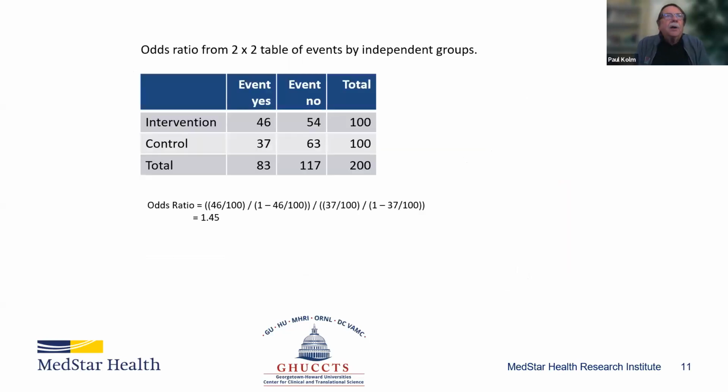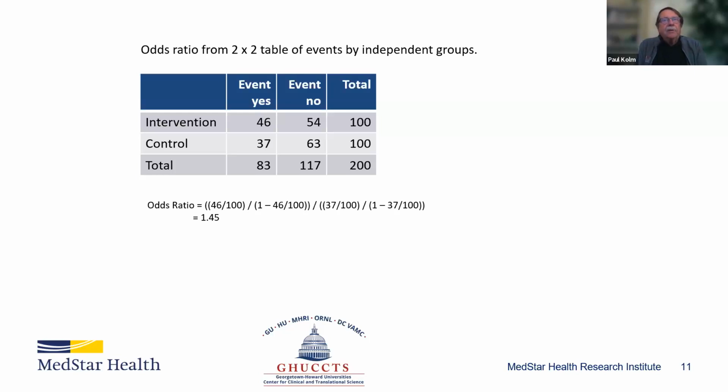We can calculate an odds ratio from a 2x2 table of events by, in this case, independent groups. So here we have an intervention and control group and the number of events and the number of not events. And so we can calculate the odds ratio by taking the probabilities here.